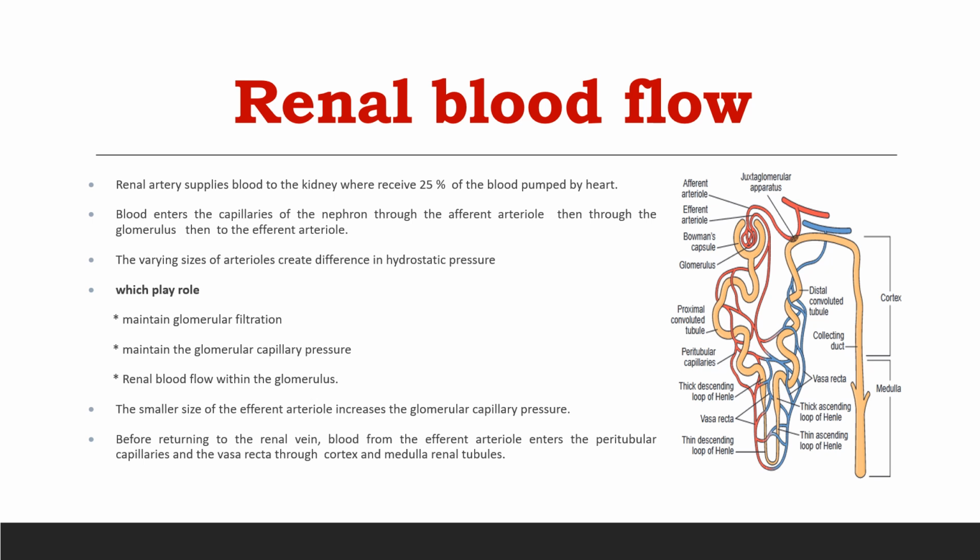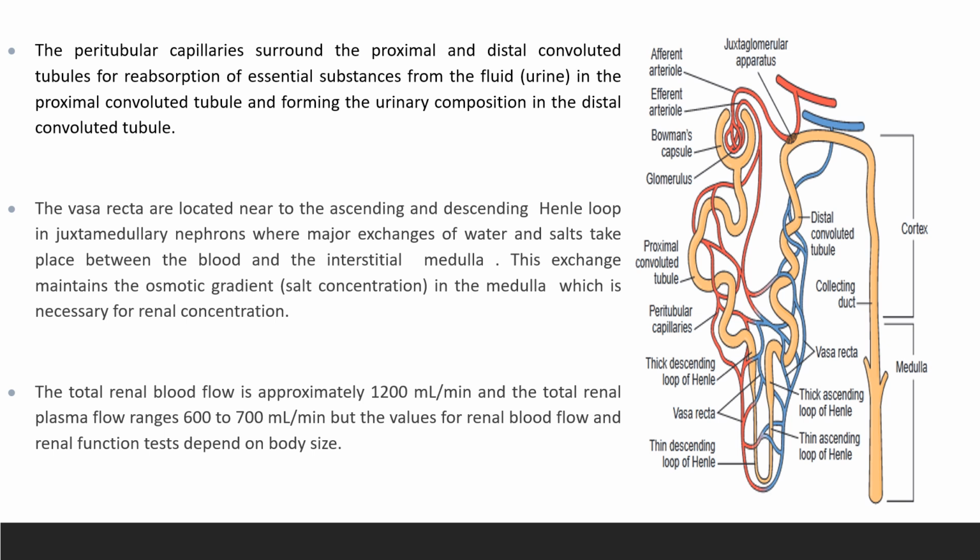Before returning to the renal vein, blood from the efferent arteriole enters the peritubular capillaries and vasa recta through the cortex and medulla renal tubules. The peritubular capillaries surround the proximal and distal convoluted tubules for reabsorption of essential substances from the fluid in the proximal convoluted tubule and forming urinary composition in the distal convoluted tubule.